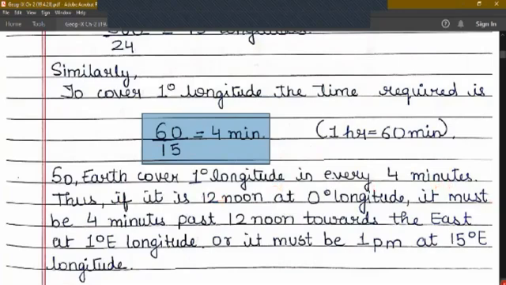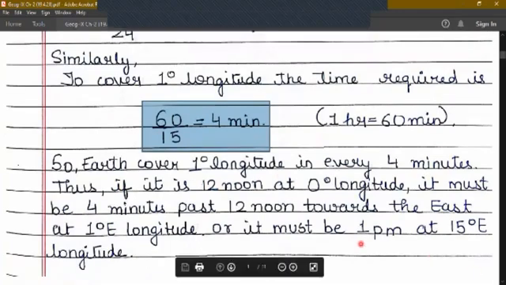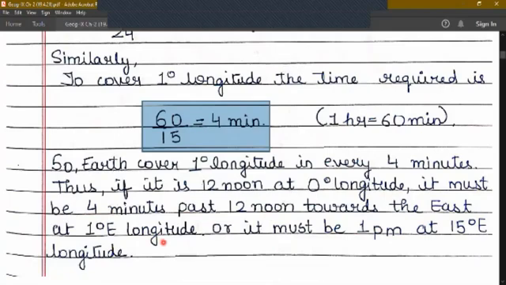Thus, if it is 12 noon at 0 degree longitude, it must be 4 minutes past 12 noon towards the east at 1 degree east longitude. It is because we all know that the sun rises from the east. So obviously, sun rays strike the eastern hemisphere earlier as compared to the western hemisphere.